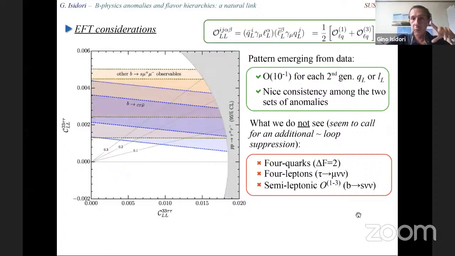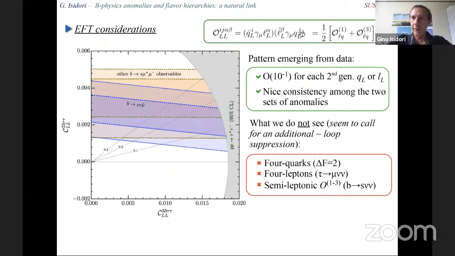Now, this is what we see. We also have to discuss what we do not see. We do not see effects in 4-quark operators, or in 4-lepton operators, okay? And also you see this type of operator, which I wrote in this specific quark-lepton current, is a specific combination of this SMEFT operator. So it's a singlet plus a triplet.